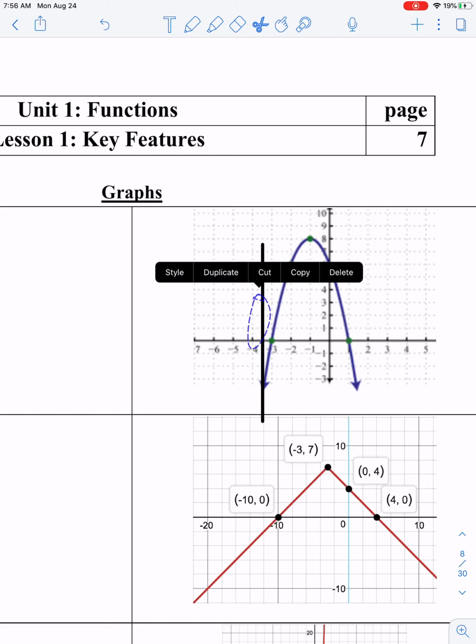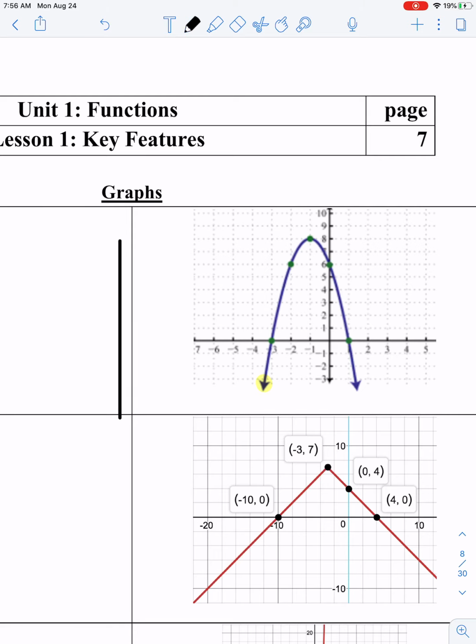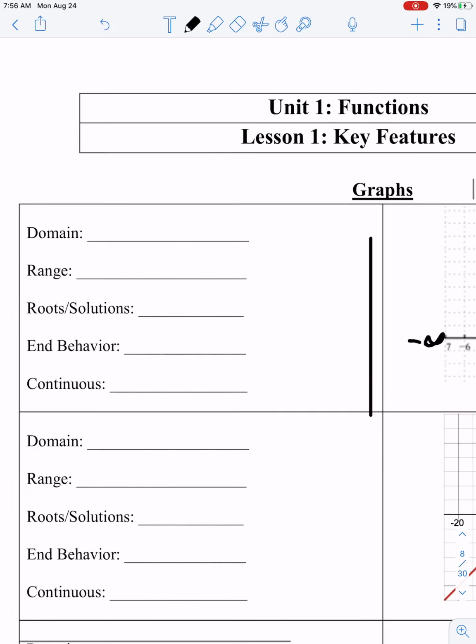Now, this point is very interesting because it has an arrow on it. Because it has an arrow, I have to make a little exception. What this arrow means is that it keeps going and going and going all the way to the left. And the smallest number all the way to the left is negative infinity.